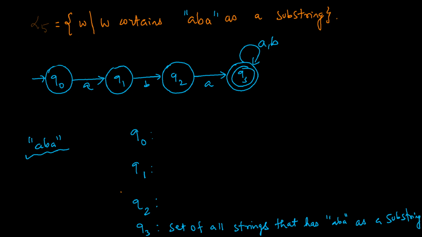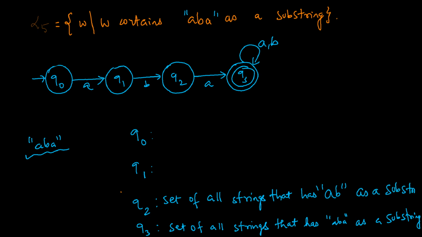Similarly, Q2 represents the set of all strings that has AB as a substring. Q1 represents the set of all strings that has A as a substring.